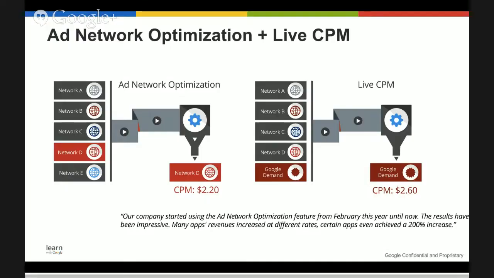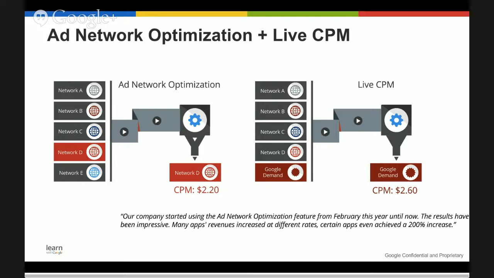What about mediation? You gave a landscape of it, but could you be a bit more specific? So going back to the slide, I can use the slide to give you an example. We have two main features when it comes to mediation: ad network optimization and the live CPM feature. I will start from the live CPM feature, which is on the right side of the slide.